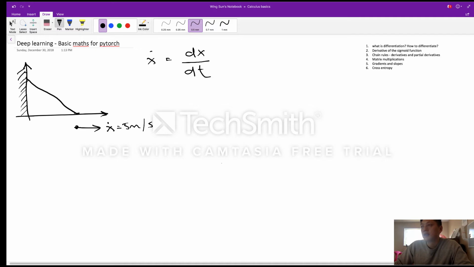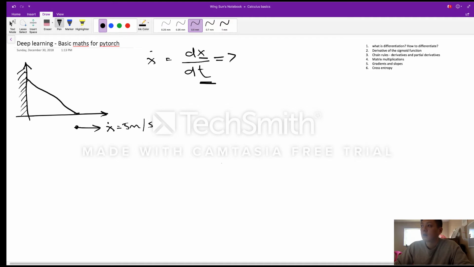Now what does this mean? This means that I have a variable x and a variable time. This tells you the rate of change of x with respect to time.